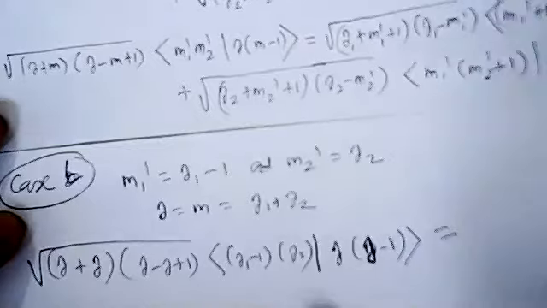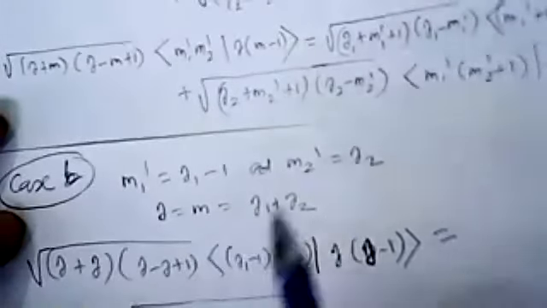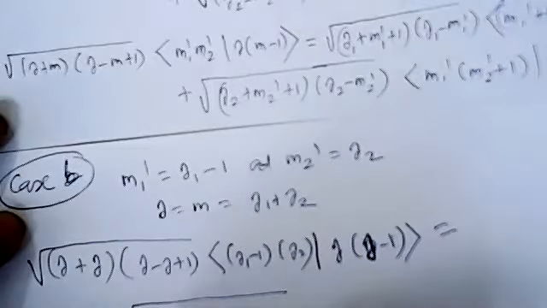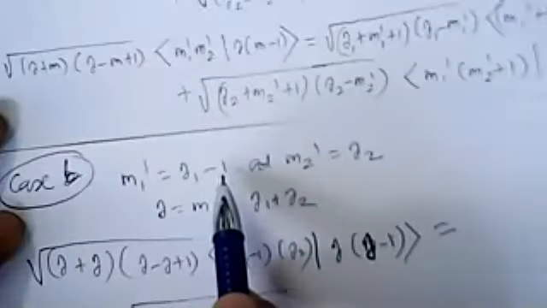This equals square root of j1 plus m1 dash plus 1. So minus 1 and plus 1 cancel, so j1 plus j1. Then j1 minus m1 dash, where m1 dash is j1 minus 1, so that gives 1.